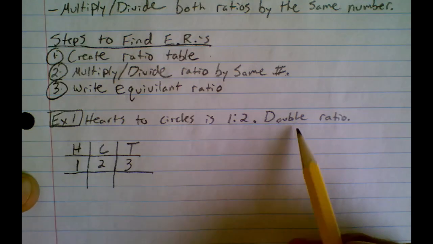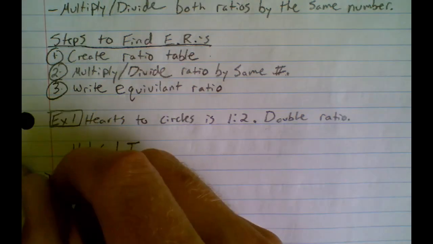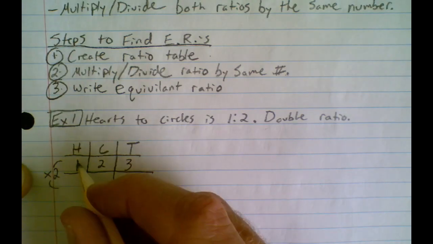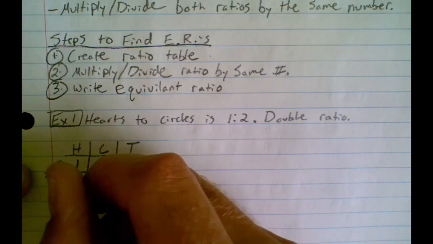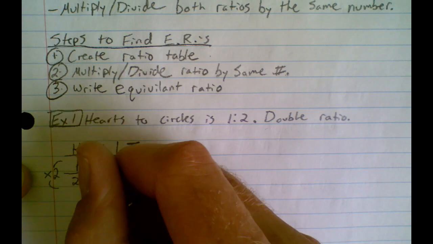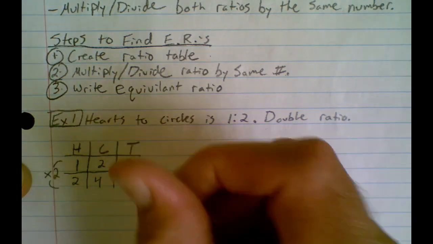Now it says to double ratio. To double ratio, all we have to do is multiply by 2. So 1 times 2 is 2. 2 times 2 is 4. And 3 times 2 is 6.